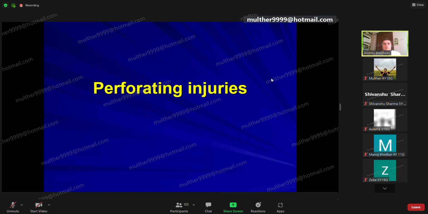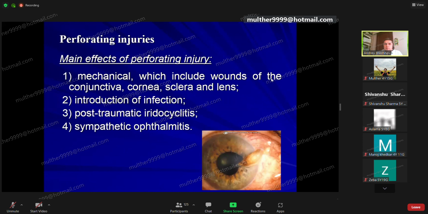And now let's start the subtopic perforating injuries. They may cause severe damage to the eye and so should be treated as serious emergencies.